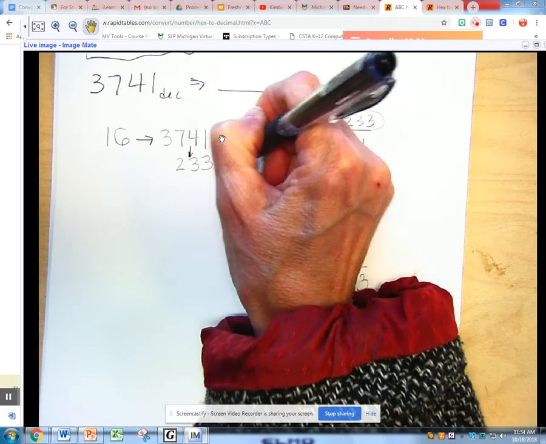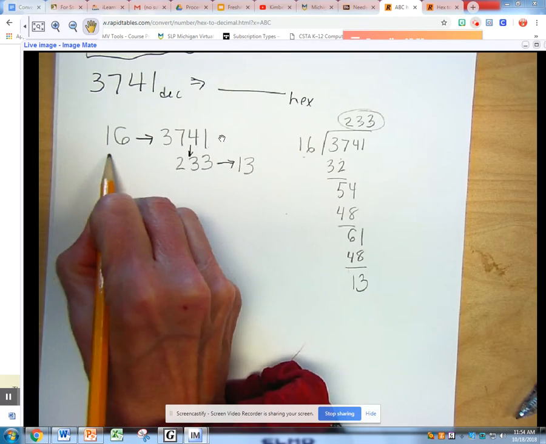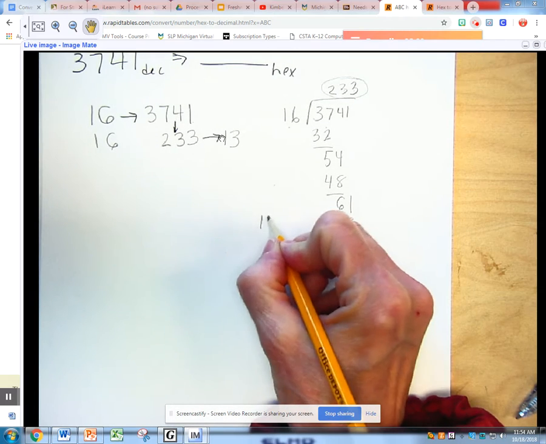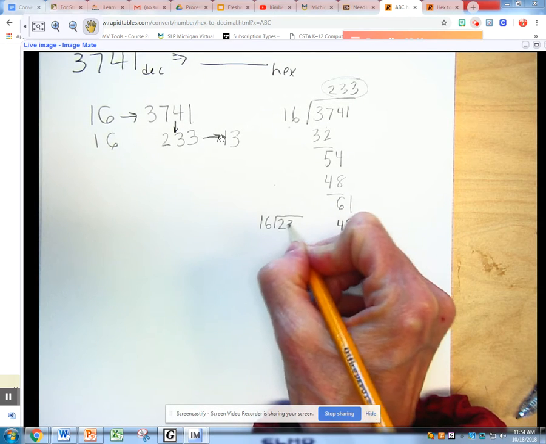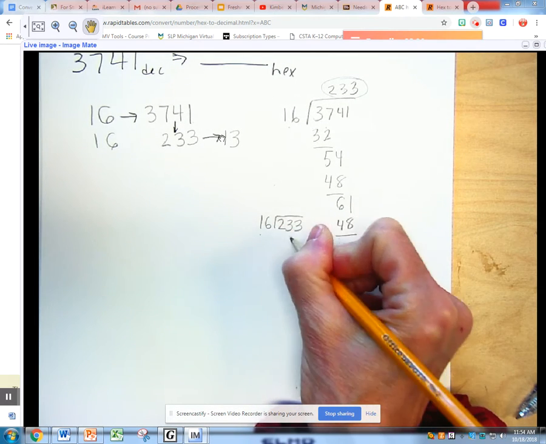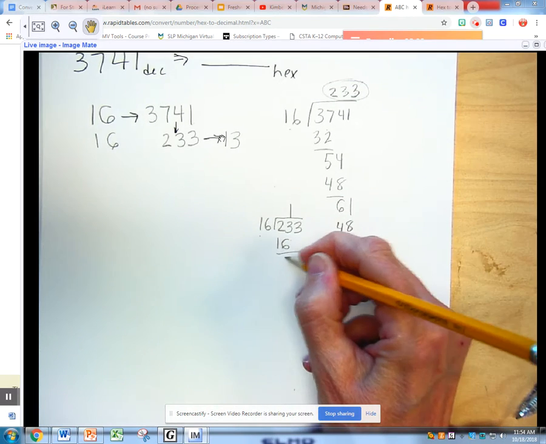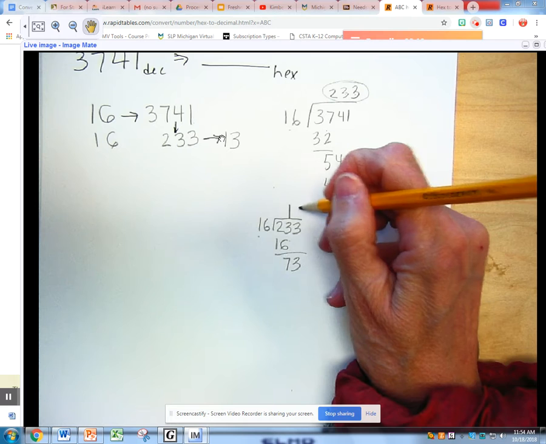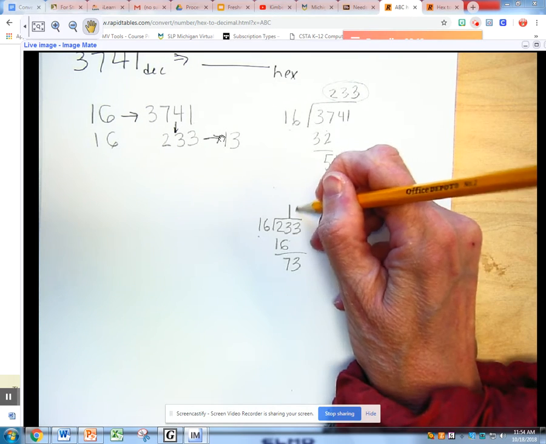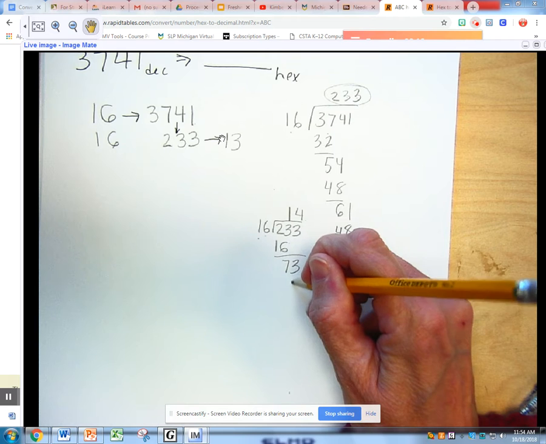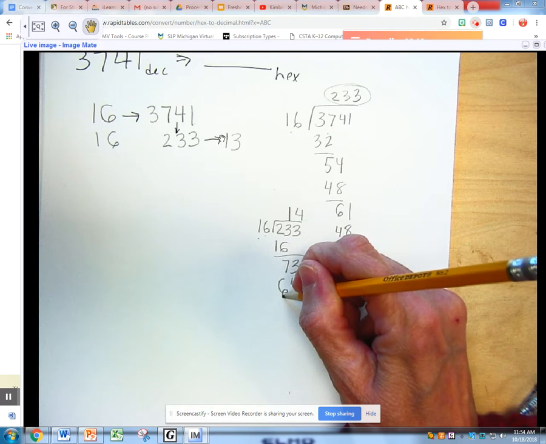So now we do it again. I write 16 to the left, and I do the division. So 16 into 233. 16 goes into 23 once. Subtract, I get 7, bring down the 3, 73. And I think it's going to be 4. 16 times 4 is 64.